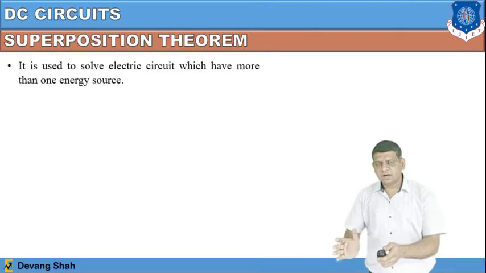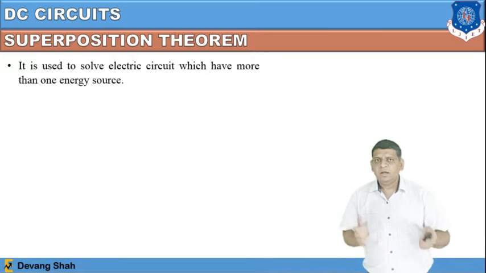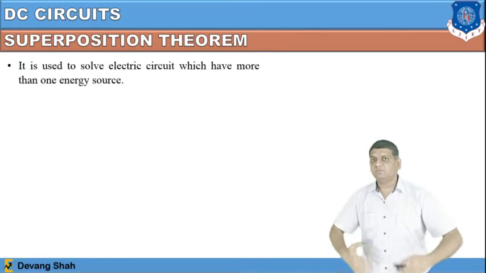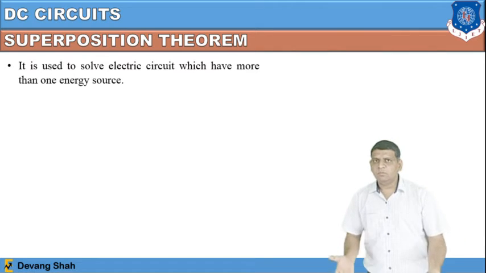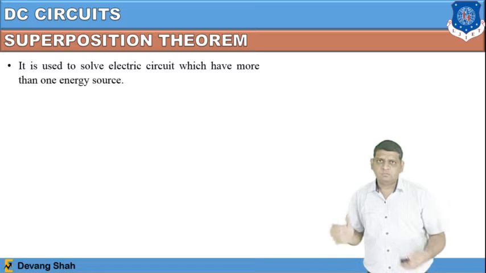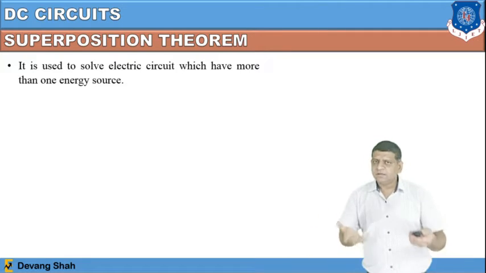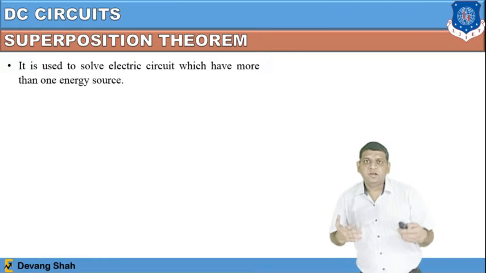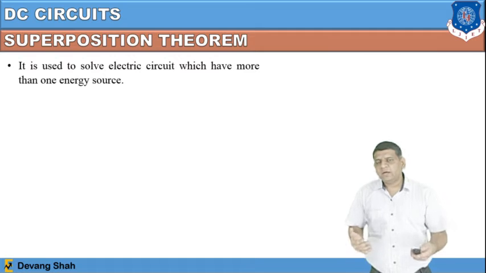Once you design the circuit, there are many resistors, voltage sources and current sources, and you have a voltage drop across a specific resistance or current passing through that particular resistance. You can find it by any method: either the Thevenin method, the Norton method, or the superposition method. It is used to solve an electric circuit which has more than one energy source.